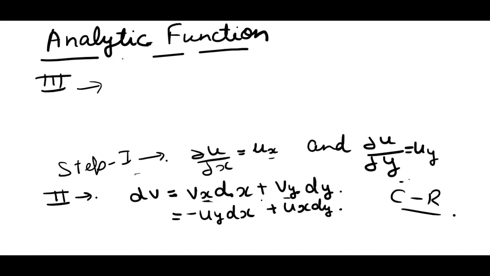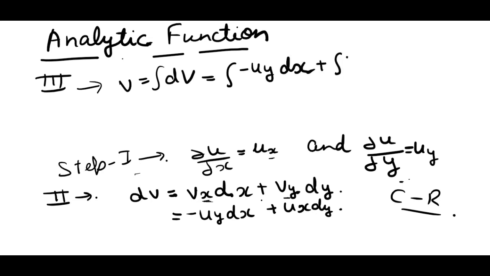In the third step, we are going to integrate dv in order to get v, which is equal to integration of minus uy dx plus integration of ux dy and a constant c. So here v(x,y) is the required harmonic conjugate of u(x,y). And similarly, you can find u(x,y) using v.